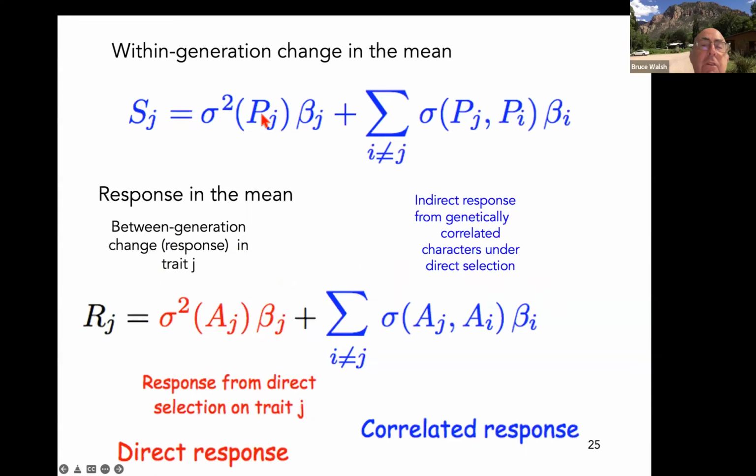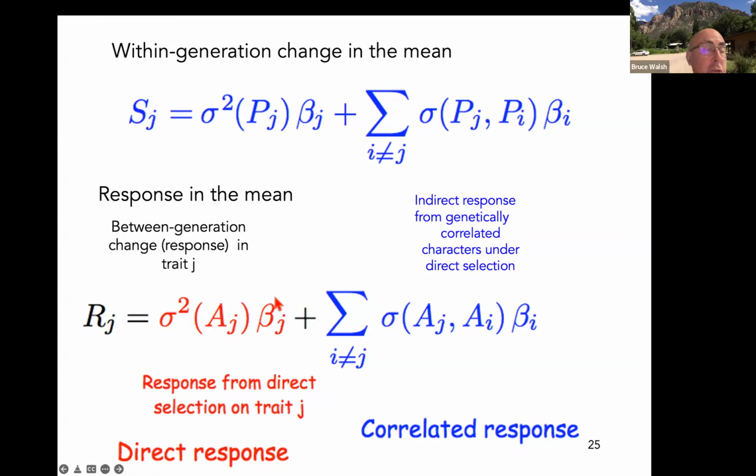Likewise, here I've got phenotypes, variances, and covariances. Here I have genetics. So that's the genetic variance, and that's the genetic covariance. And again, what's the response in trait J? Direct selection on trait J times the amount of genetic variation, plus selection on trait I, where trait I and trait J are genetically correlated.